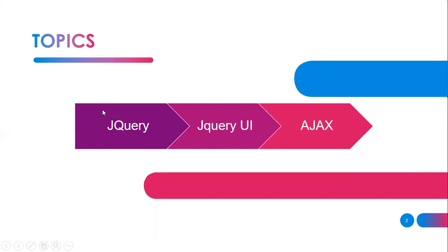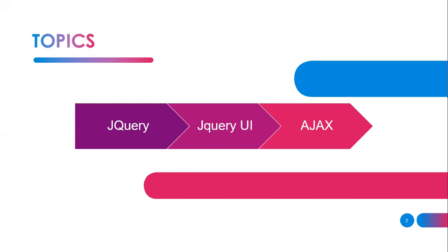So today we will learn about jQuery and another form of jQuery, jQuery UI, that we will use to make an interface or UI, or maybe right now it's many call it front end.